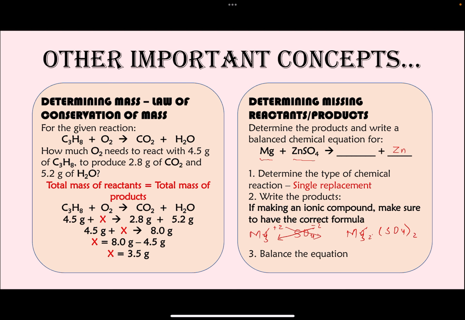So now remember, when both of your subscripts are the same, we can write the simplest ratio between both of them. So it's just going to be MgSO4. Okay, so there you go. Those are your products for this reaction.